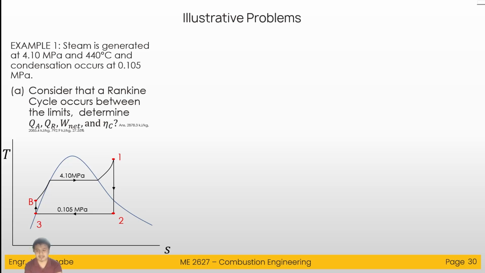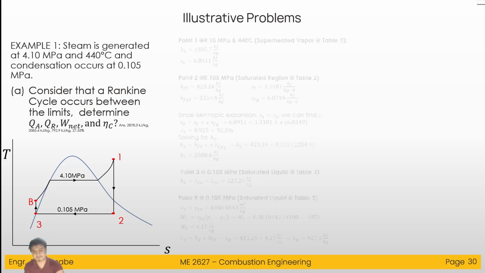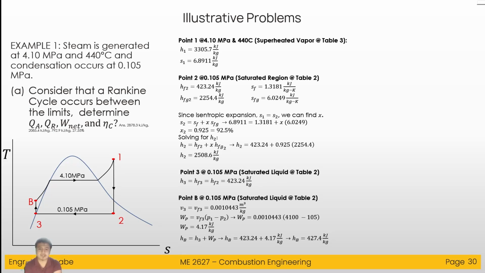Okay, let's start with point one. For point one, we know that this is a superheated vapor, within the superheated vapor region. Since the temperature and pressure are given, we just find the enthalpy and entropy in table 3.